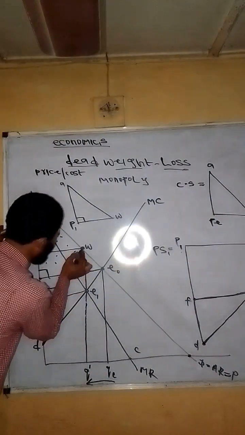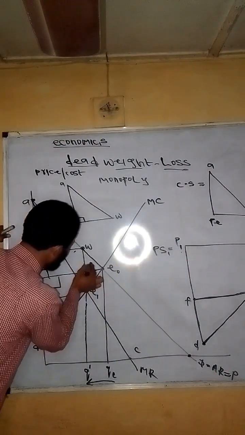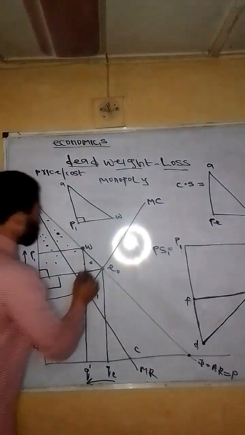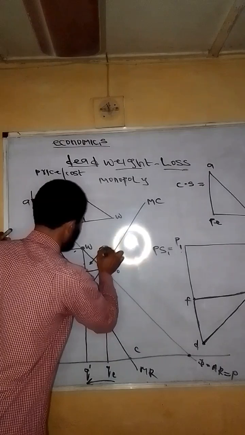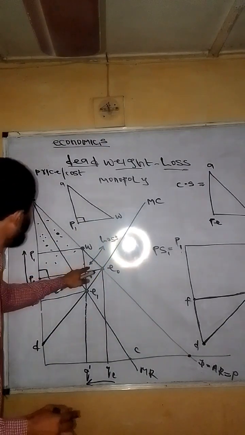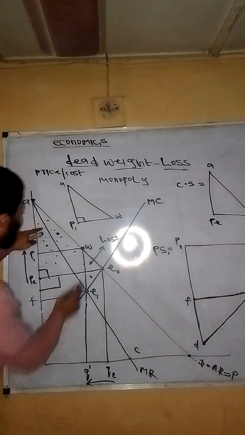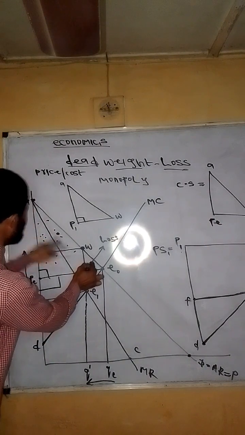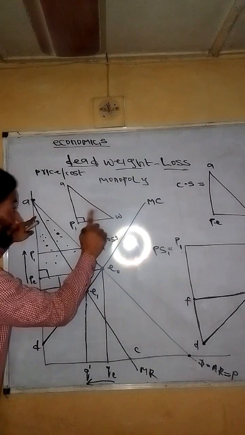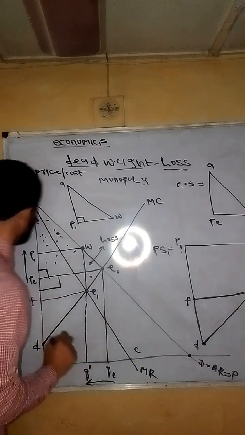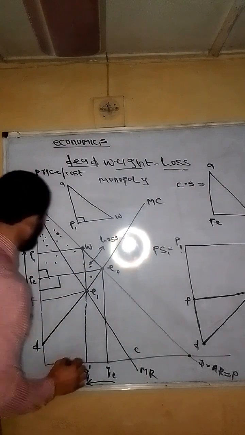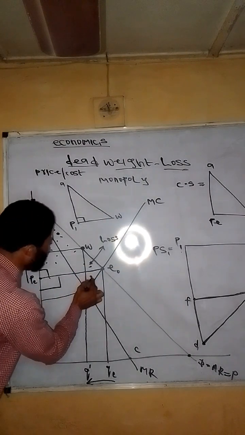Now, somebody may say, what about this particular point? These two smaller triangles you are seeing now are what is known as the deadweight loss. So this is the loss, and this loss is from the consumer surplus. You can see that the consumer will lose this part of his original surplus when the price is competitive, that is, when P equals MC, the competitive price, not the monopolized price. Now the consumer has lost this part of his surplus, and the producer has also lost this part of his surplus.